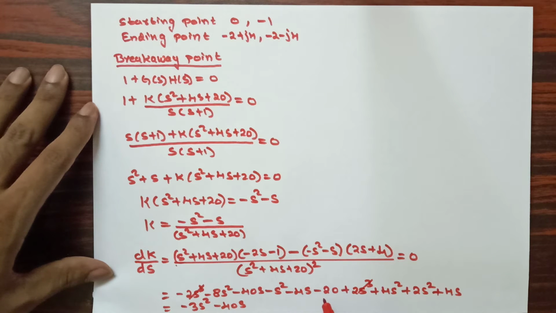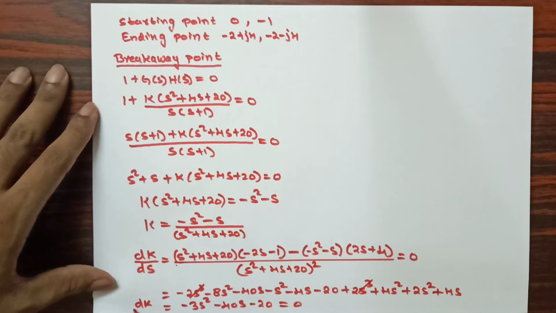So you can see here I have only one constant value, that is minus 20, equal to 0. This is the dK by ds, the differentiation of the K equation with respect to s that I got.